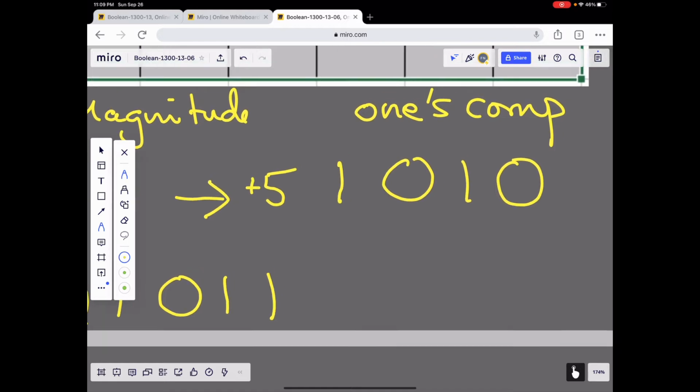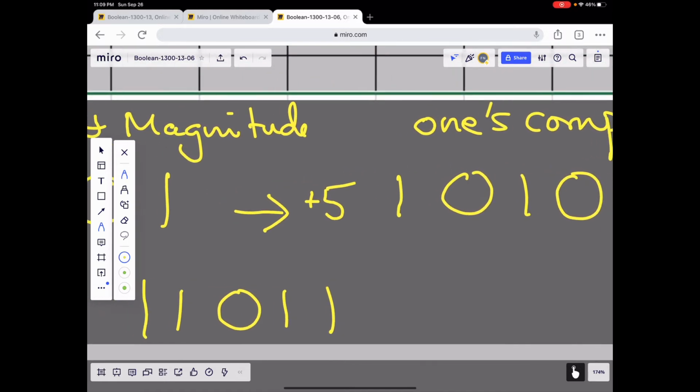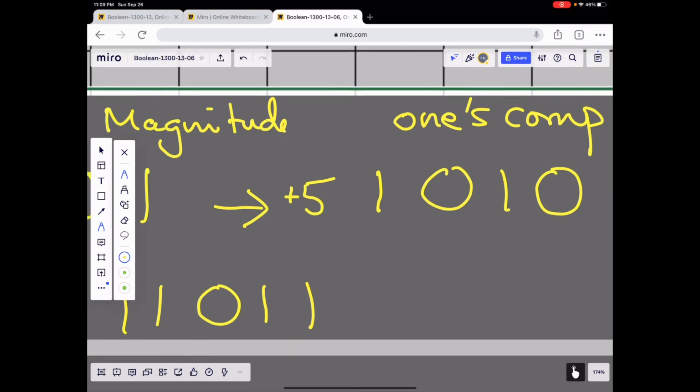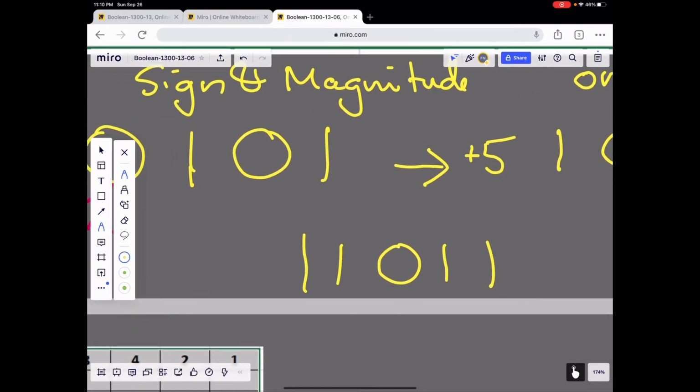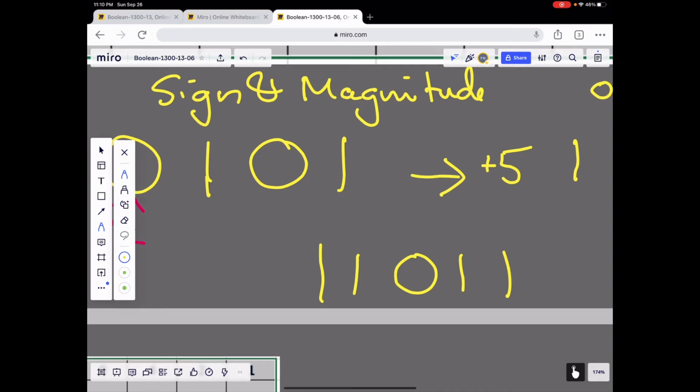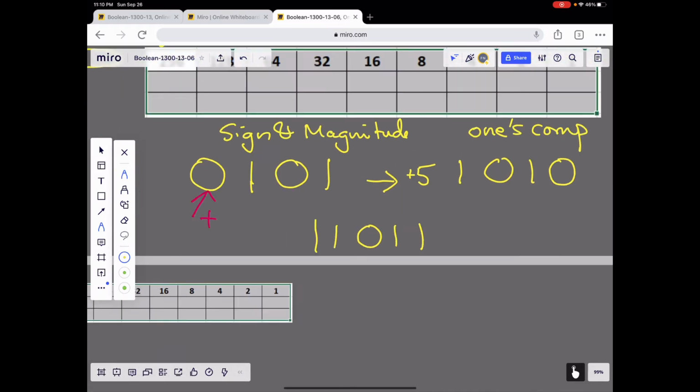Now, the ones complement: you just flip the sign number into the opposite. So if you have 0101, the first 0 stays 0, the second digit 1 you flip to 0, the next 0 you flip to 1, and the last 1 you flip to 0.